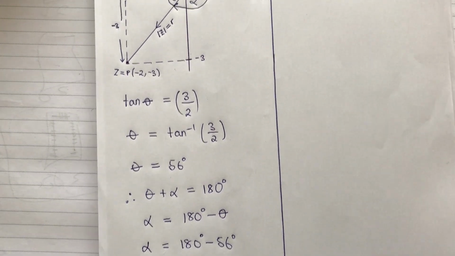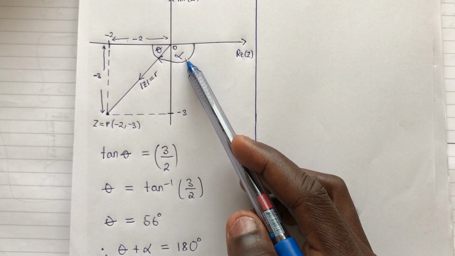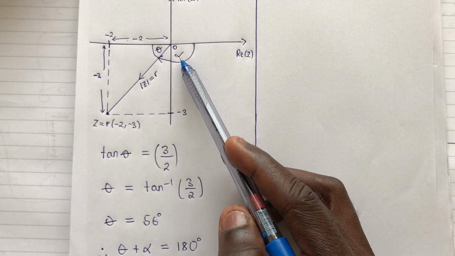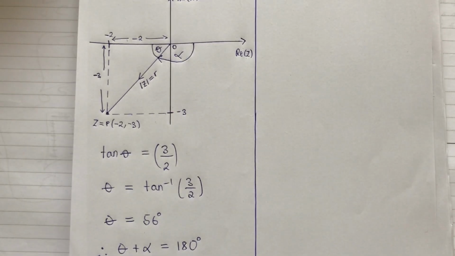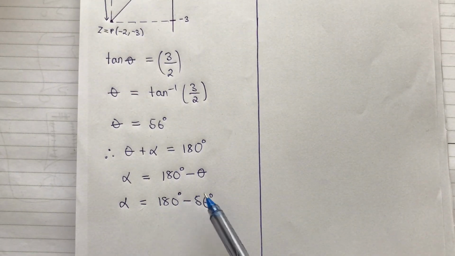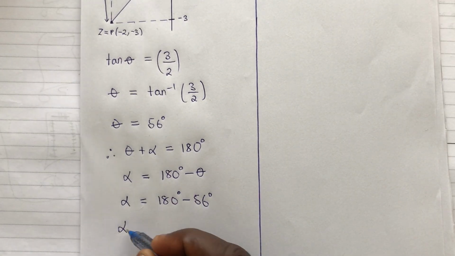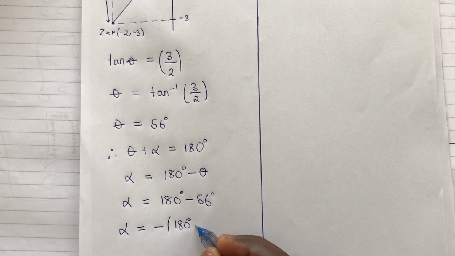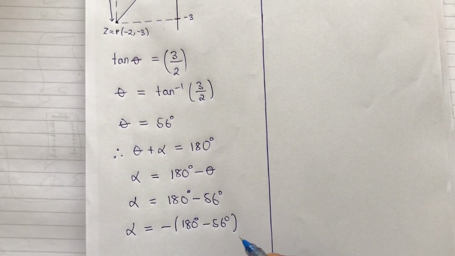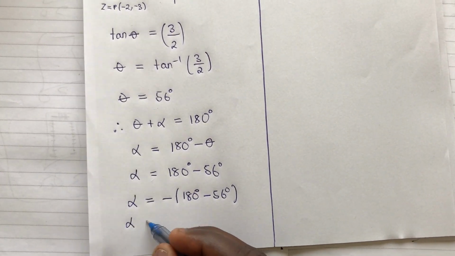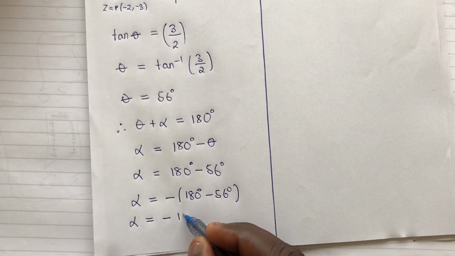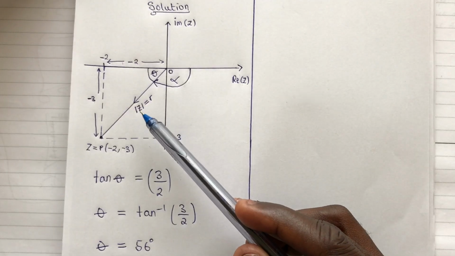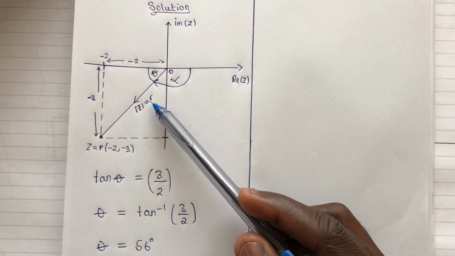Now remember that alpha was below the real axis, so the value of alpha should be negative. And to be able to make the value of alpha negative, we just have to negate what we have here. So we have alpha equals negative outside 180 degrees minus 56 degrees. Now when you subtract this, we have alpha equals -124 degrees.